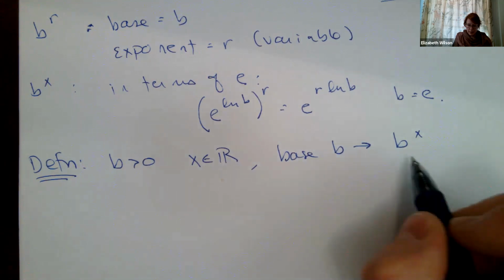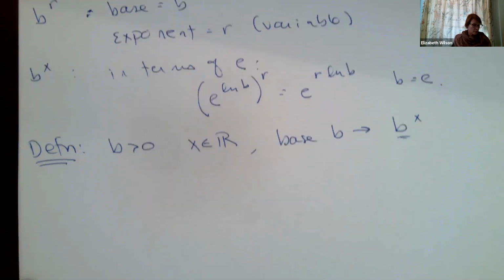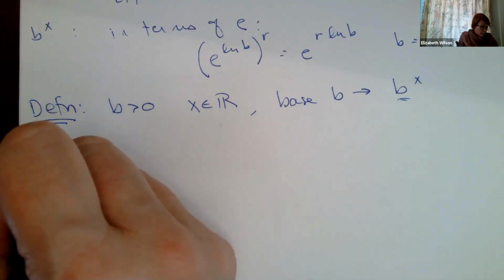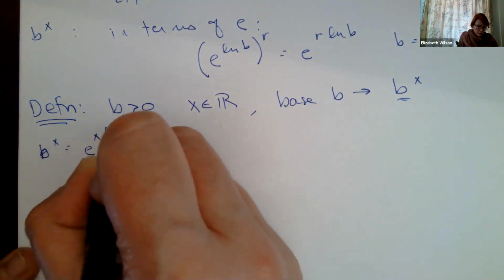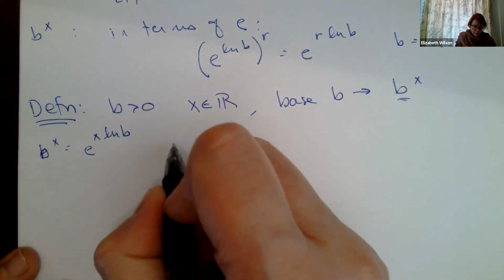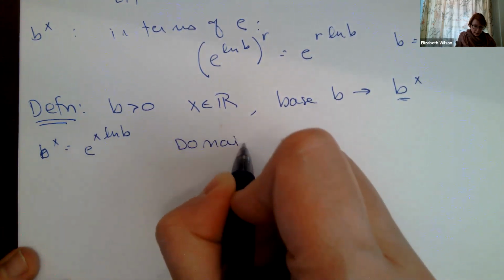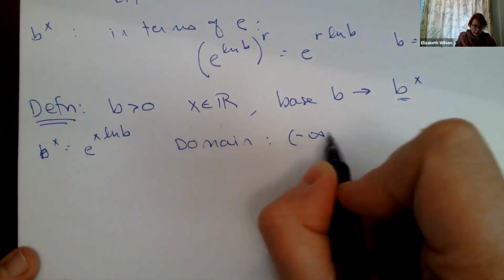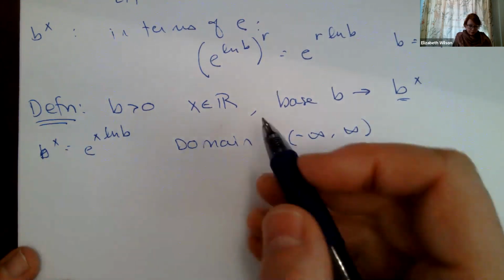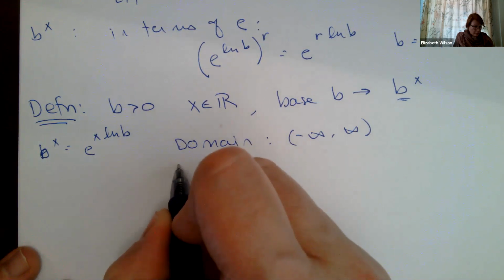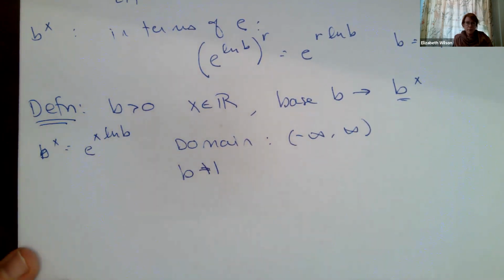So we're looking at b to the x as an exponential function. If I say b to the x equals e to the x ln of b, we're looking at a domain of negative infinity to positive infinity. I can choose any x value that I want. We tend to say we don't want b equal to 1.